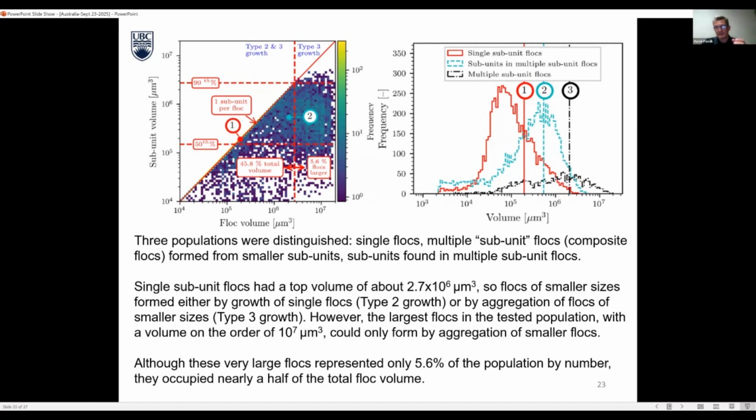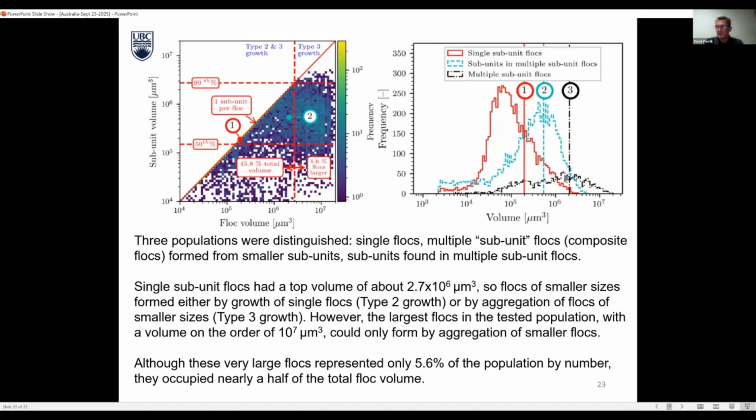In the area to the left, where we say type 2 or type 3, type 2 would basically be growth of a single flock by adding more solids around a core without really attaching smaller subunits. But there is also evidence that we are dealing with aggregation of much smaller flocks. So we still deal with type 3 growth in that space.